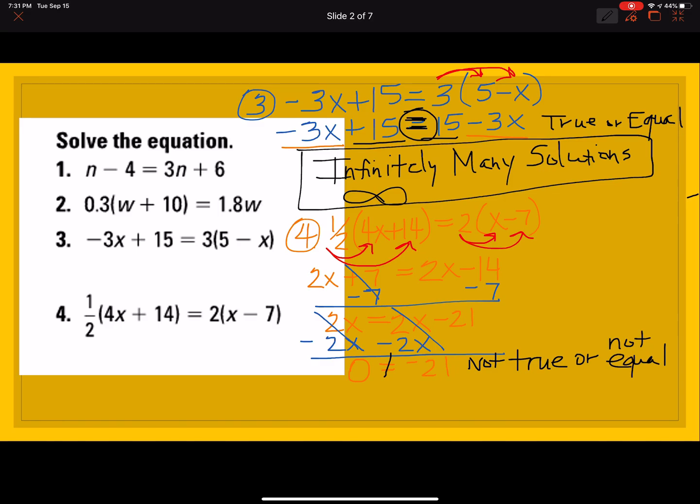So in this situation, we have a special solution called no solution, because we're left with something that is not true or not equal. There would not be any value that we could put in place of x to make this an equal equation. So that's why we say there is no solution.